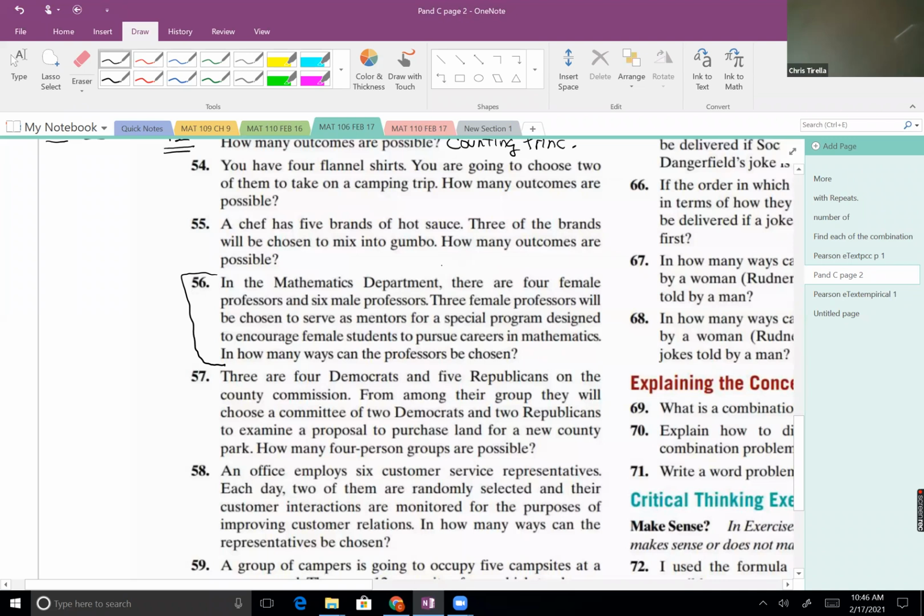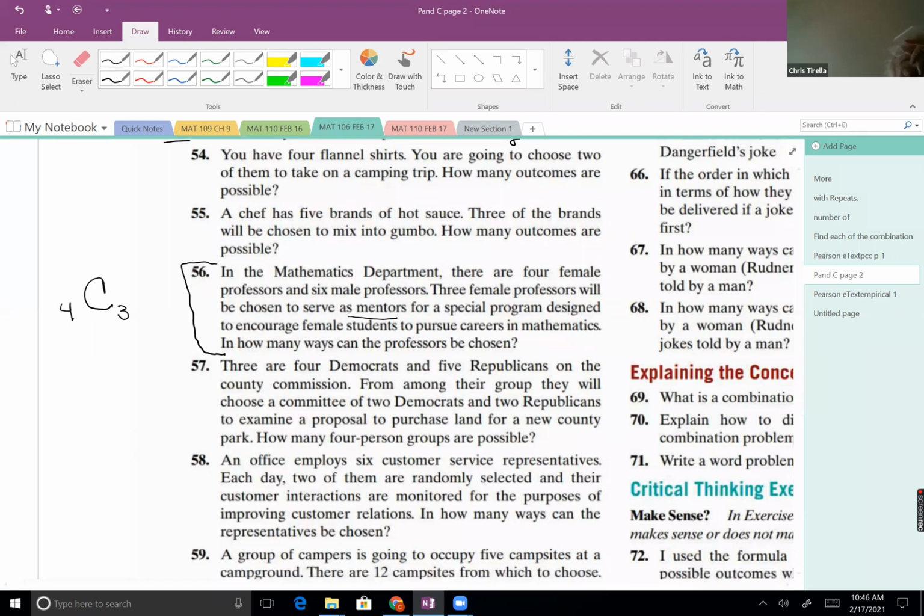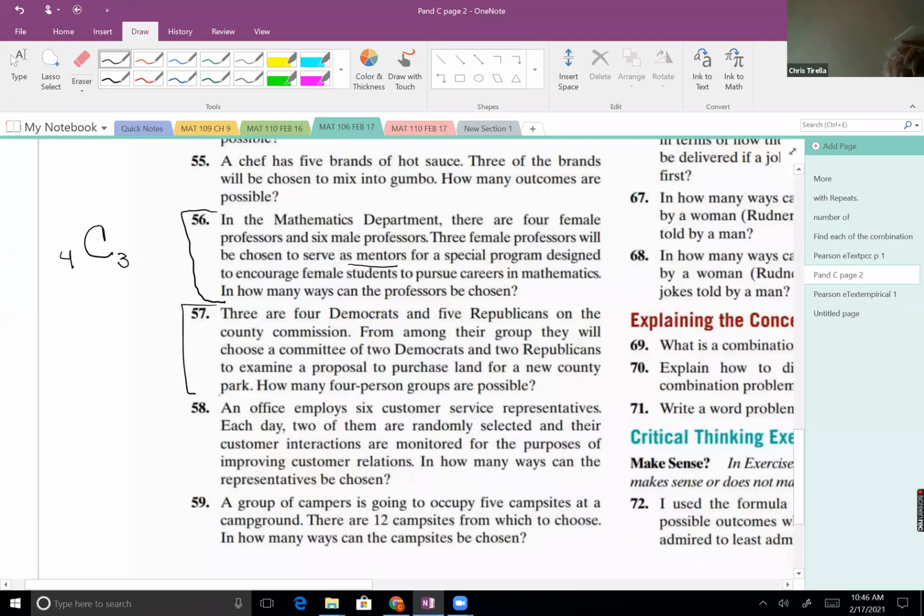This isn't both. How many ways can they be chosen? Well, here, if we're going to be a mentor, we're either in the group or not, so it's a combination. There are 4 women to choose from, and we only need 3.